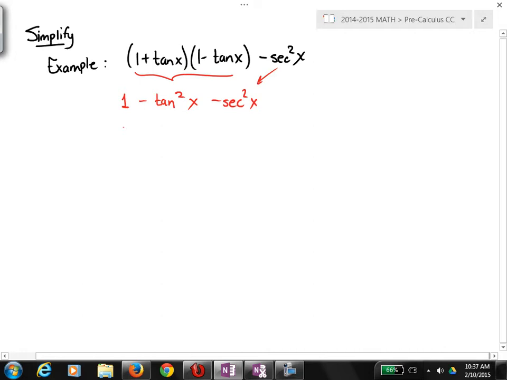Okay, now what can I do here? I note that whenever you have these tangent, sine, or cosine squared, think of your identities or your Pythagorean identity.